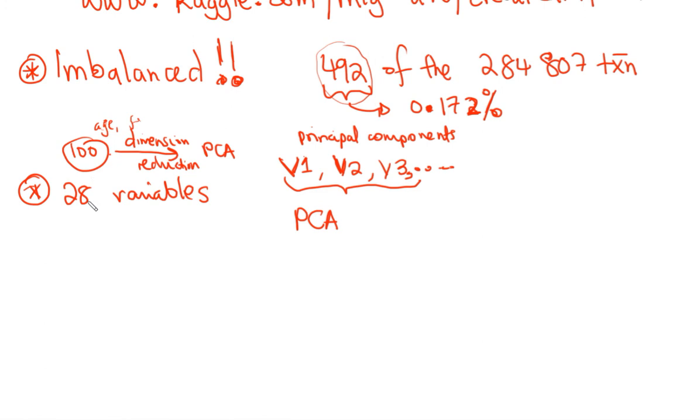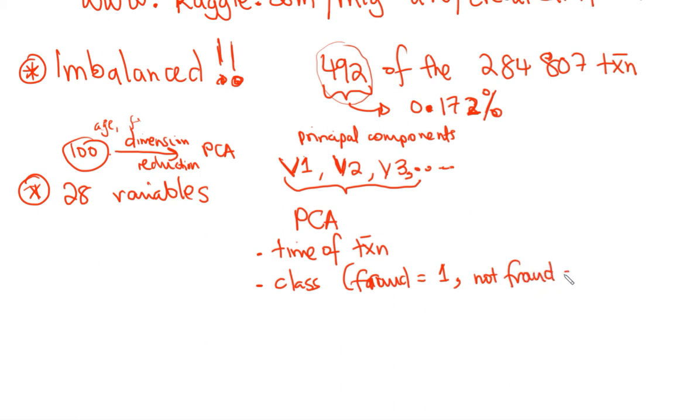But along with the principal components, we have other variables that were added, which is the time of transaction, which we can describe as just the time when the transaction happened. And we also have the class of that transaction, class being whether it is fraud or not fraud. This is equal to 1 when it's fraud. When it's not fraud, then the class is equal to 0.